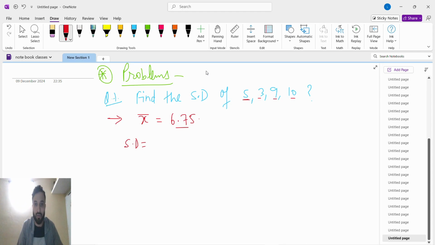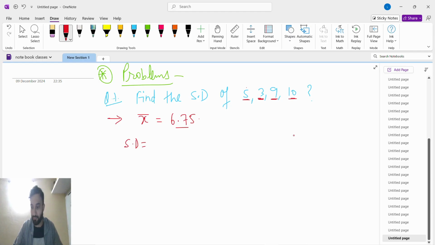So (x1 minus x bar) squared, plus (x2 minus x bar) squared, plus (x3 minus x bar) squared, plus (x4 minus x bar) squared, then divided by n, the total number of observations, and then the square root.